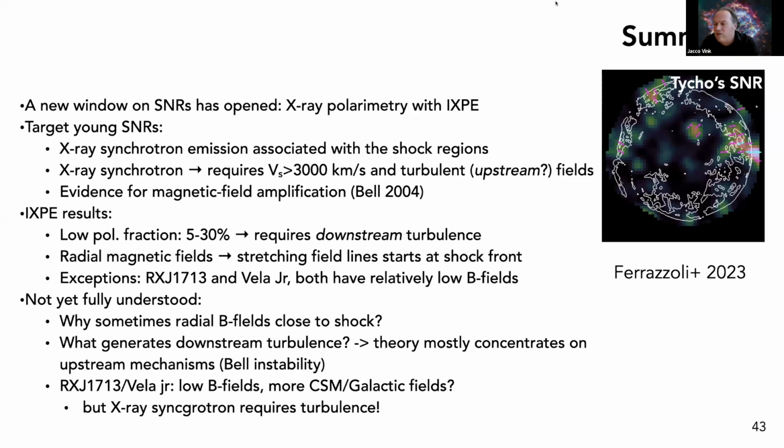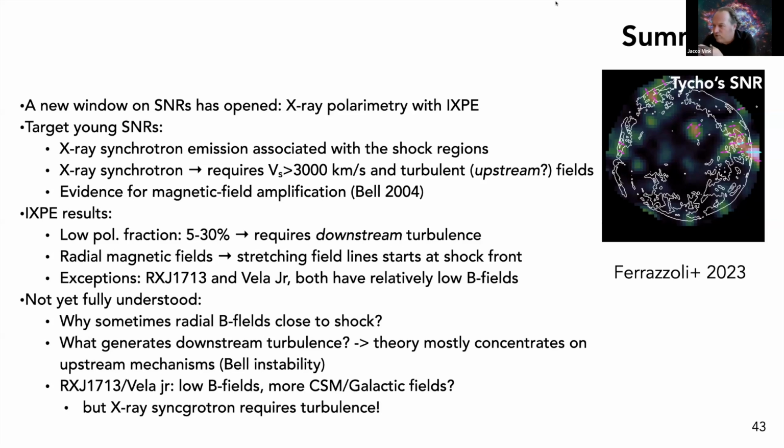And then the predictions about, say, Bell instability: most people study really the upstream. You may expect that some of the turbulence will be affected downstream, but how much is not quite clear. You need quite a high level of turbulence downstream of the shock as well, which is maybe also surprising. I hope the IXPE results will result in theoreticians also taking a better look at what is happening downstream.